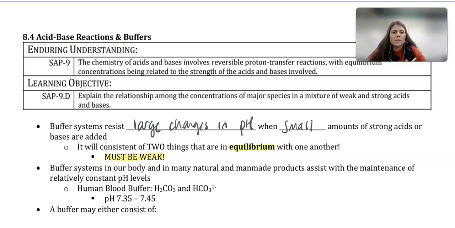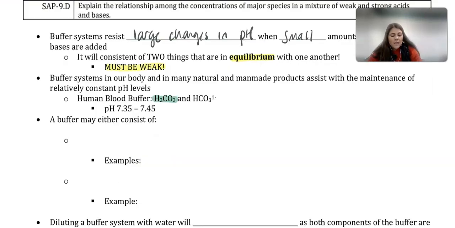There are some buffer systems in our body and in many natural and man-made products, and this assists with the maintenance of relatively constant pH levels. Our blood needs to have both H2CO3 and HCO3 minus present. It doesn't have to be equal amounts, but the best type of buffering requires a 1-to-1 ratio.